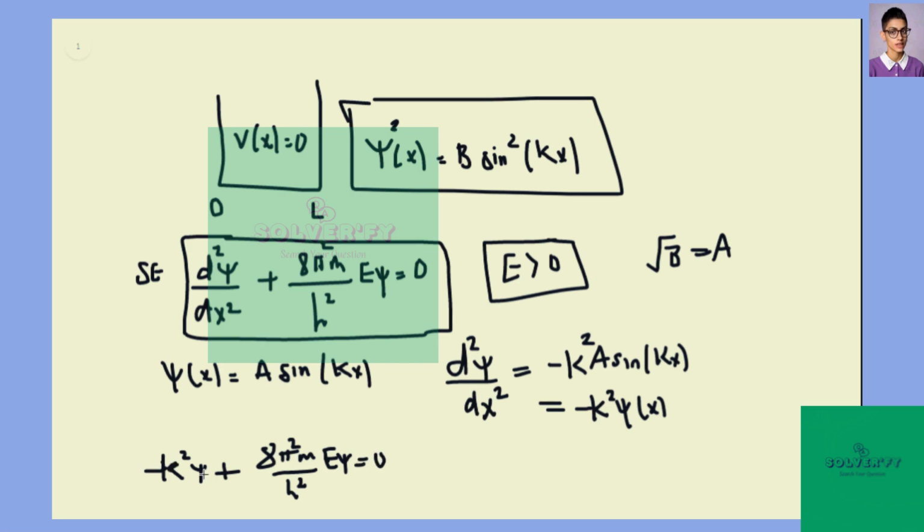If this equation overall is equal to 0, we see that k square should be equal to all of this. So this gives us a solution: k square should be equal to 8 pi square m E over h square.